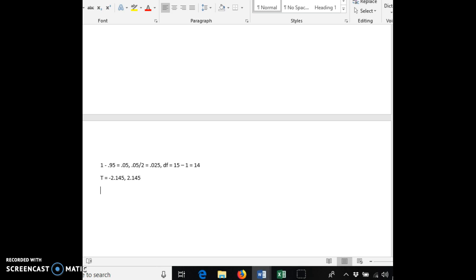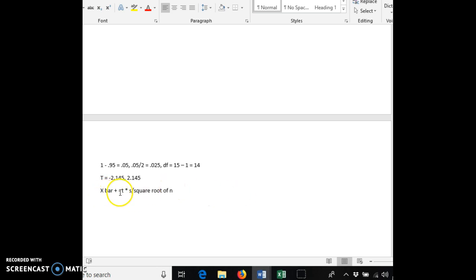Once again, our formula is x bar plus and minus t of alpha over 2 times s divided by the square root of the sample size. You might notice that this is exactly the same procedure that we did before.